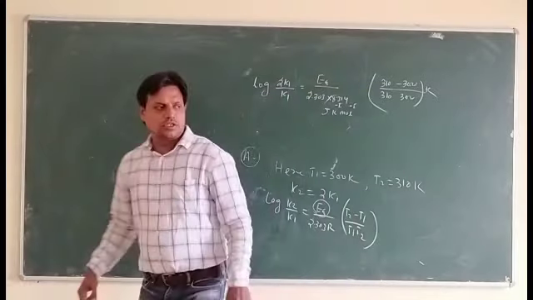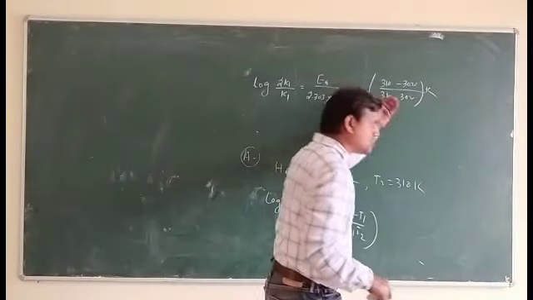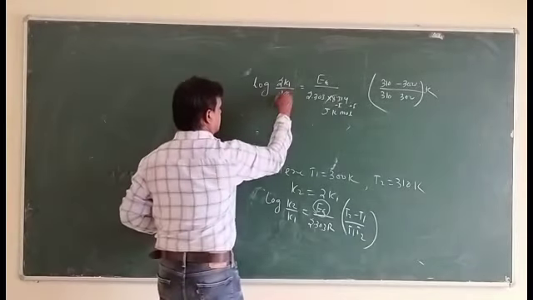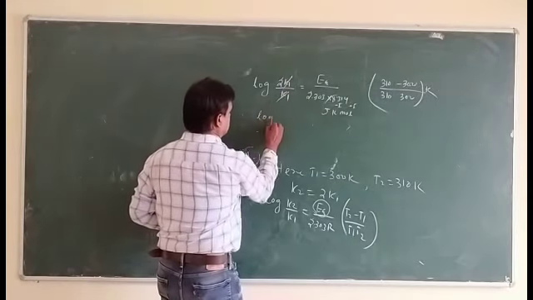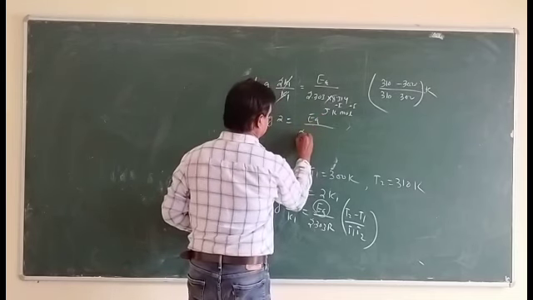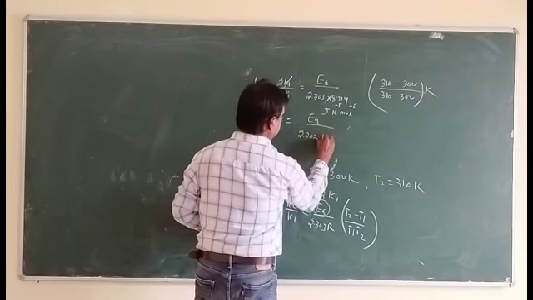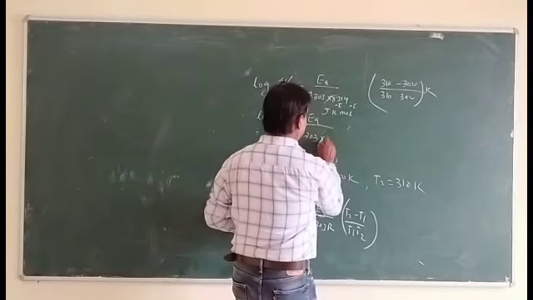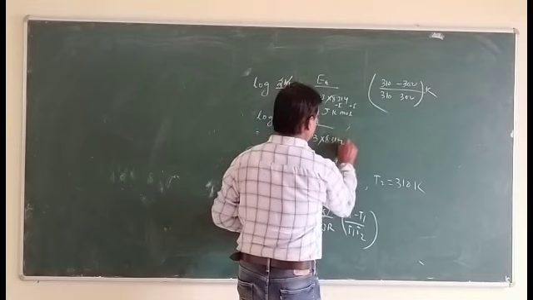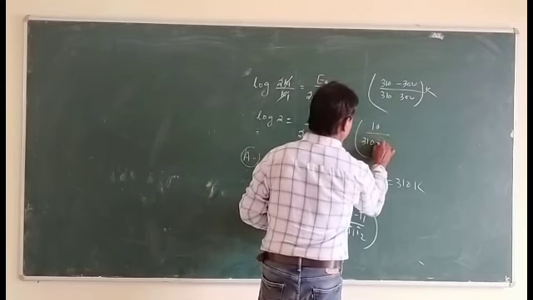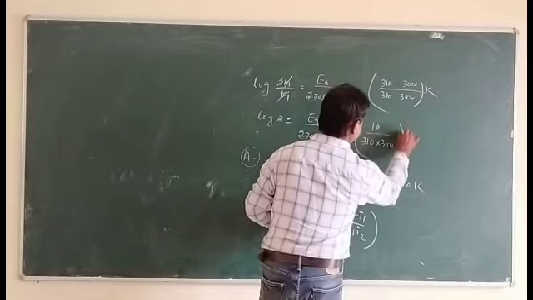So this is the substitution of temperature and rate constant. Log 2 equals EA by 2.303 R, 8.314, 10 divided by 310 into 300.